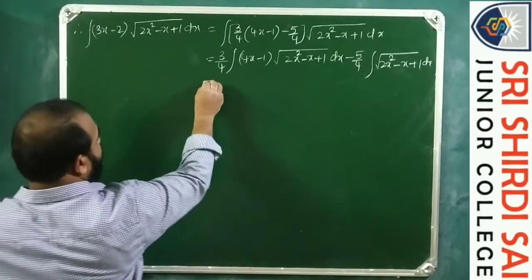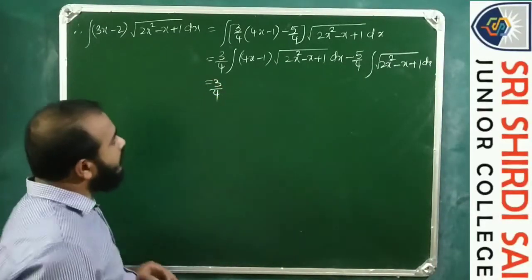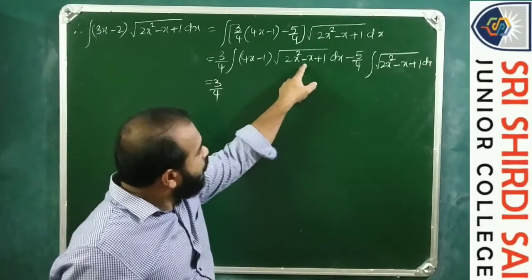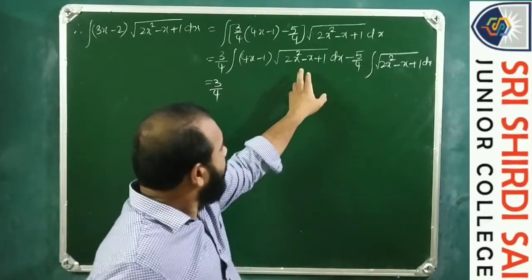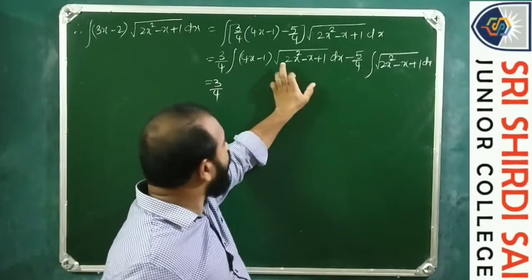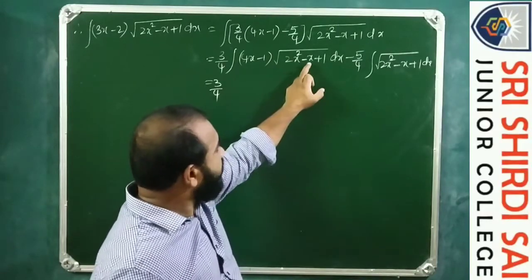So this is equal to 3 by 4. Take 2x square minus x plus 1 and let us see the derivative of this. 2x square derivative is 4x, x derivative is 1.